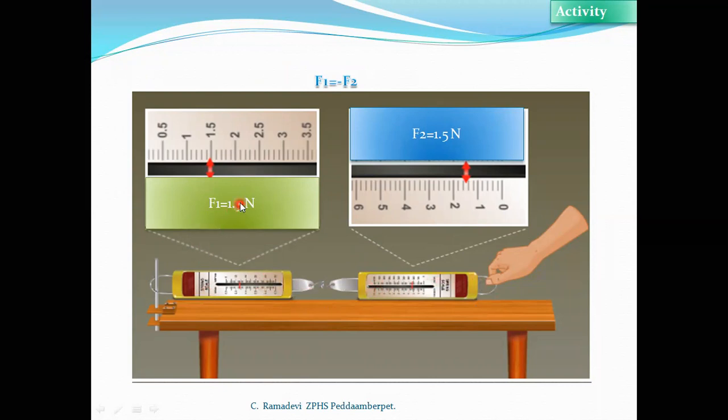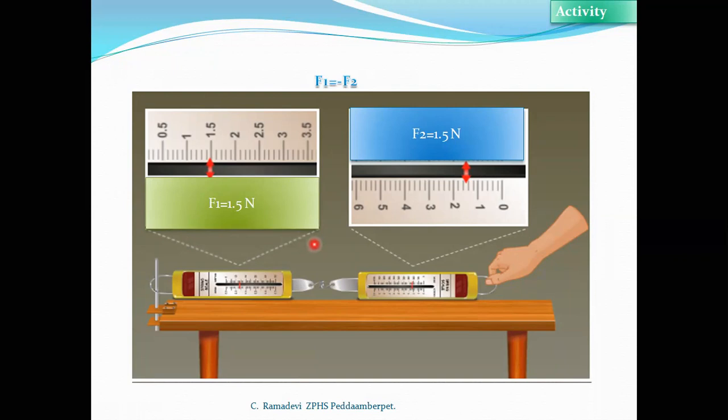The same reading is seen in balance 2 because balance 1 also pulls balance 2 by the same force. The pull on the first spring by the second spring is called the action force, and the pull on spring 2 by spring 1 is the reaction force.